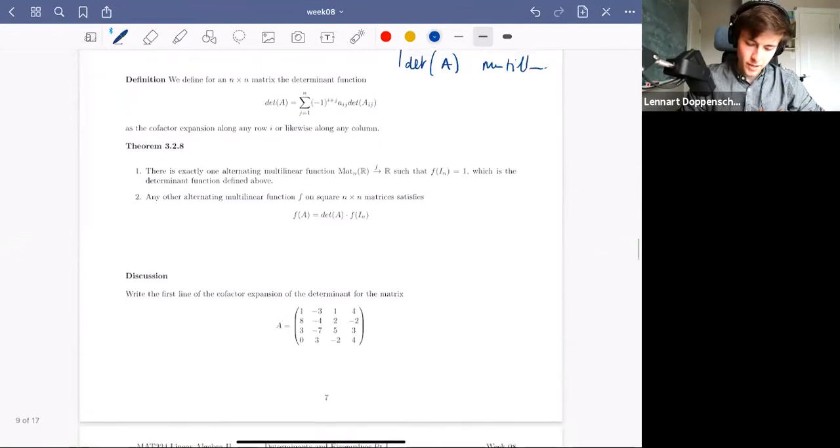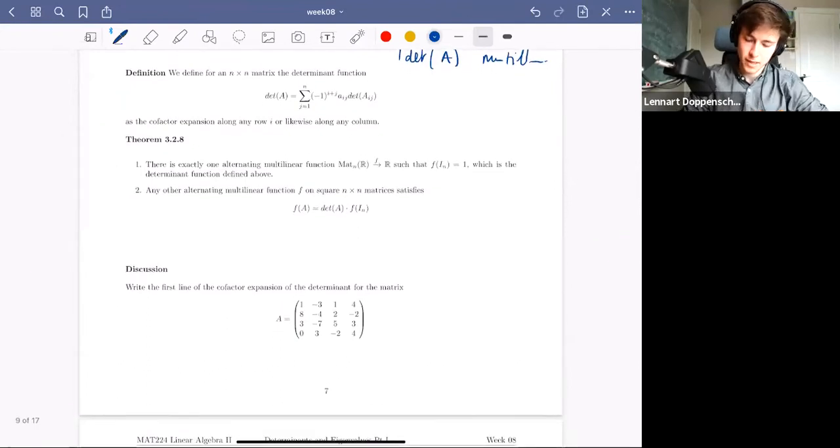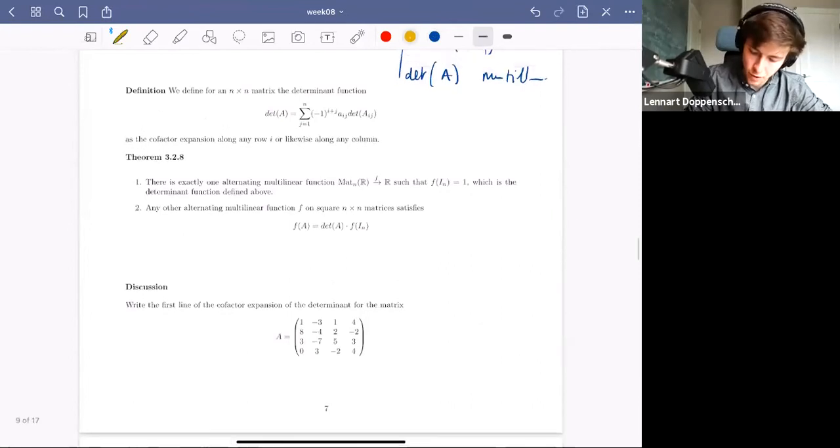So the definition for an n by n matrix is exactly, again, a cofactor expansion. So we're going to have a recursive definition. The n by n determinant depends recursively on n minus 1 by n minus 1 determinants.